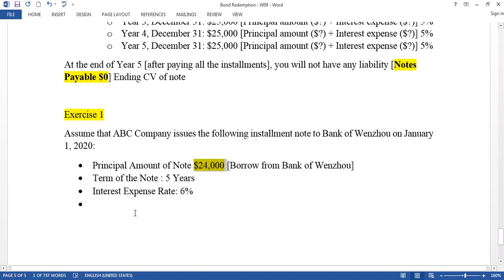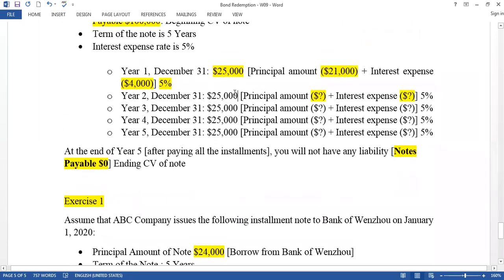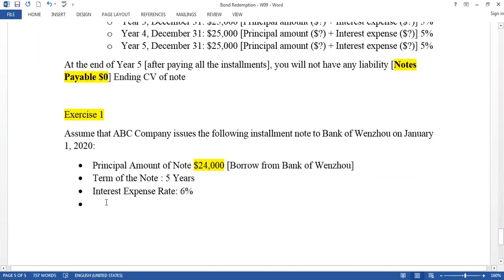We need another piece of information. Which information do we need? What is the annual installment payment? So the annual installment payment is $5,698.